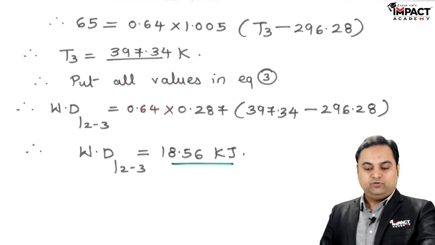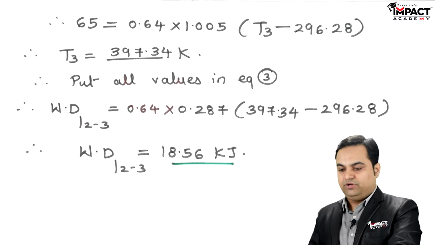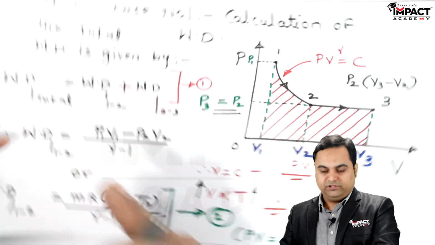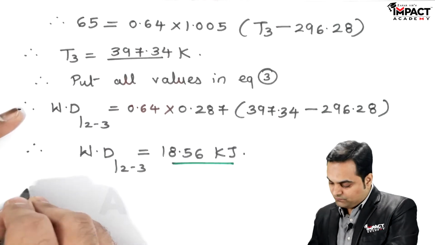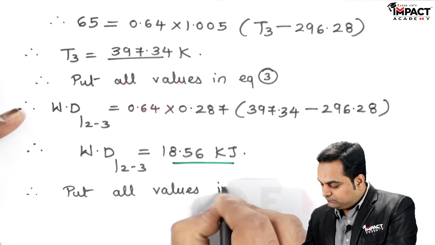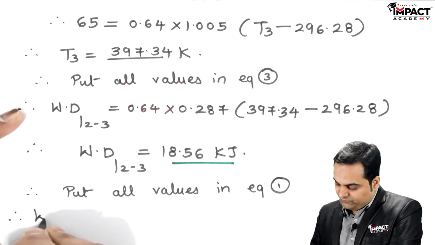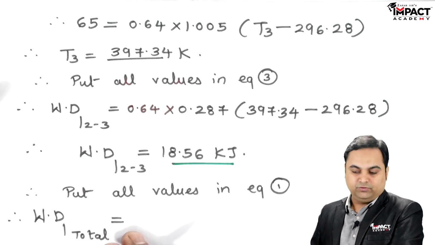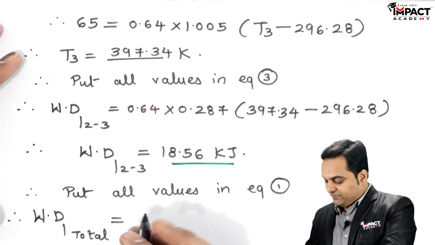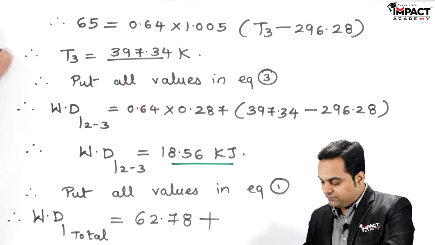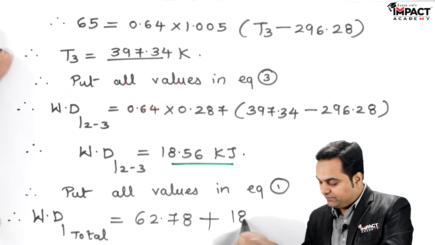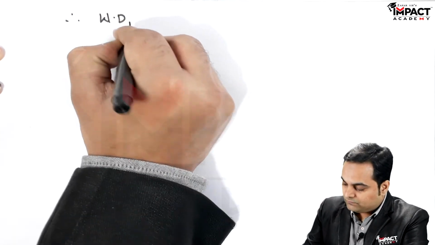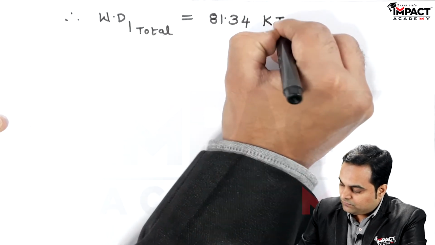Now both the work done are known to us, that is the work done during process 1 to 2 and 2 to 3. So I can put their values in equation 1 in order to get the total work done. So the total work done is equal to the work done during process 1 to 2, which came out to be 62.78, plus during 2 to 3 it is 18.56, and it is 81.34 kilojoule.